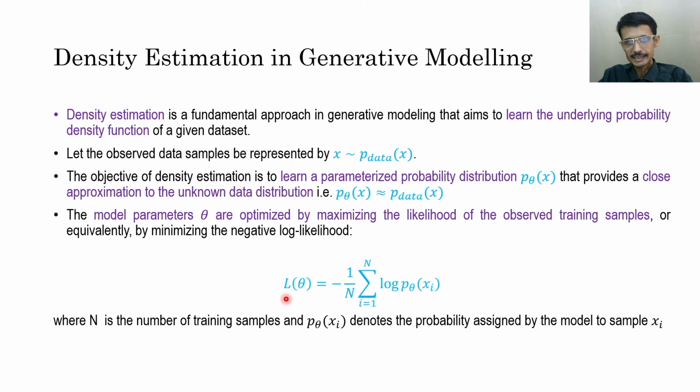So L of theta, the likelihood of theta, is basically 1 over n, the sum from i equal to 1 to n, of log P theta x_i. Here n is the number of training samples, and P theta x is the probability assigned by the model. So that is the basic understanding: we try to minimize the negative log likelihood.